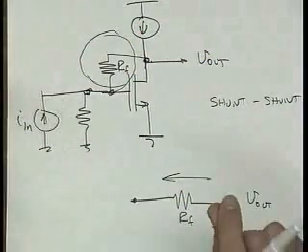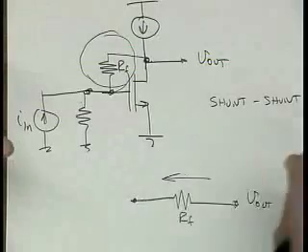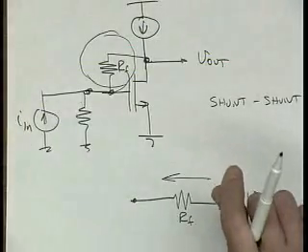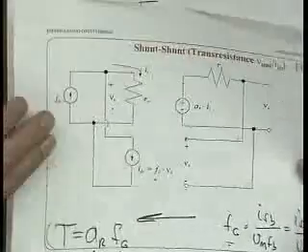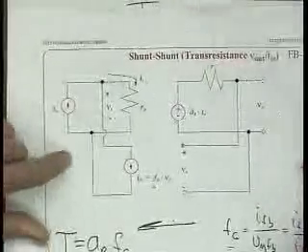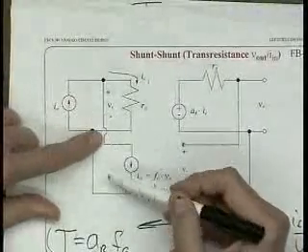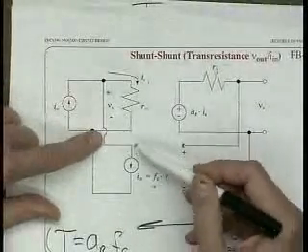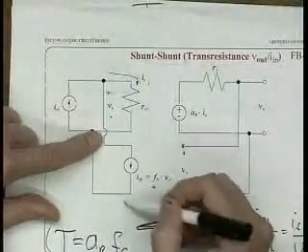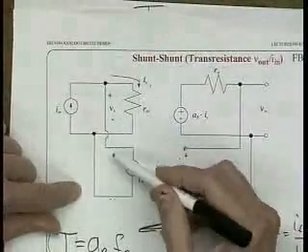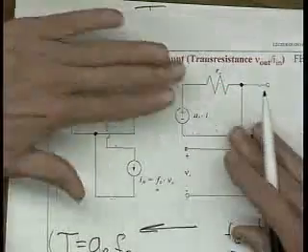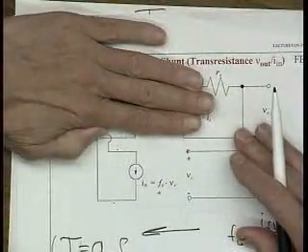Here's what really gets confusing about this feedback stuff. Clearly, let's look at this case right here. How would I figure out how much current I have coming out of this feedback network here on the bottom? What would I do on this side? Let's treat the feedback network by itself.